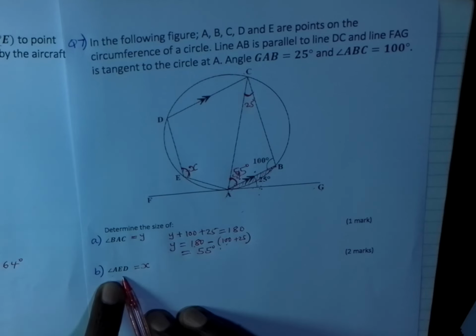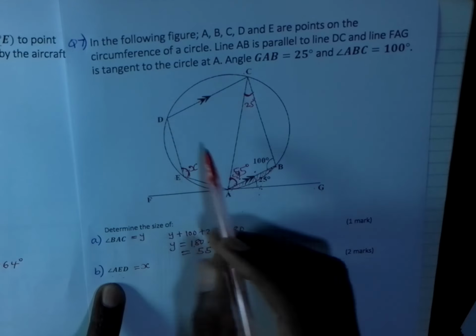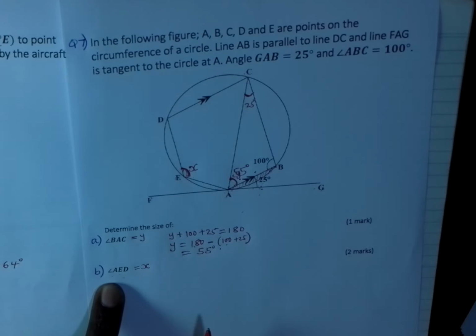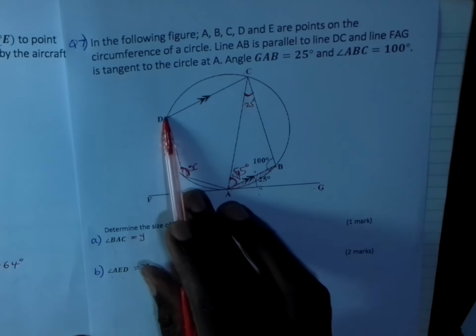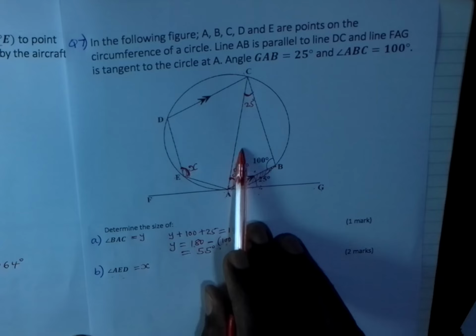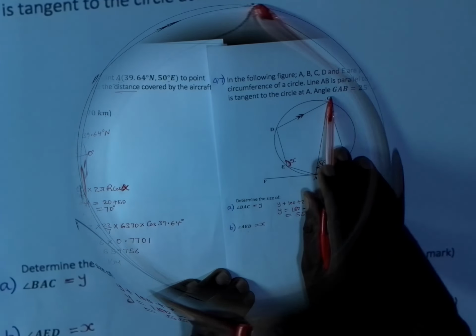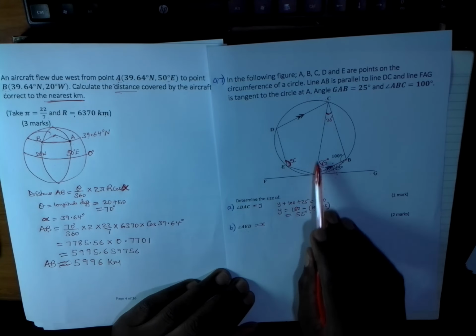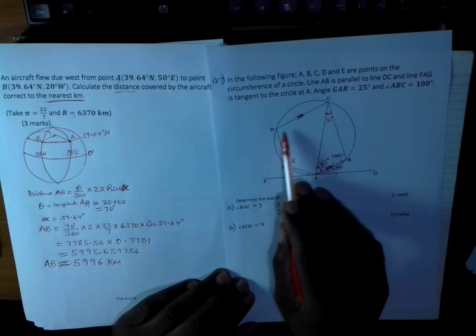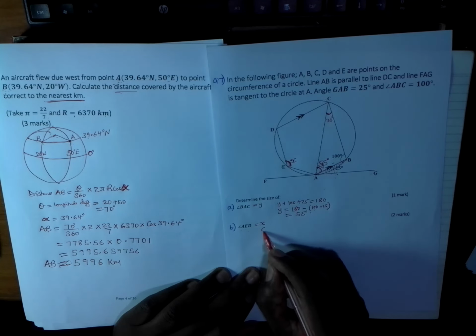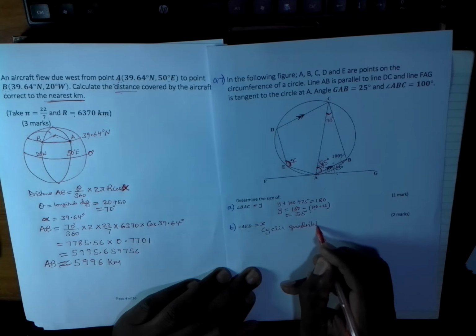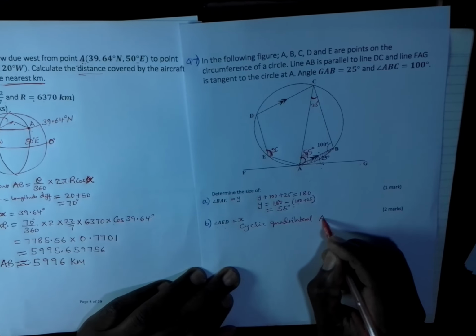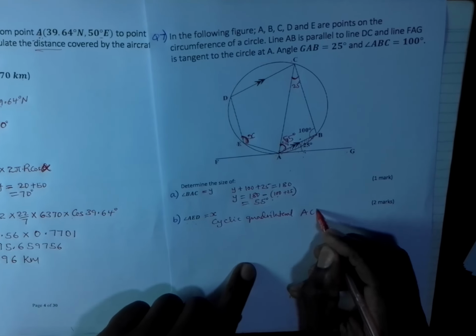Therefore, we move to part B of the question. We need to get angle AED, this angle here. And therefore, we need to consider this cyclic quadrilateral. This figure touches the circle at 4 points on the circumference, so it is a cyclic quadrilateral ACDE.